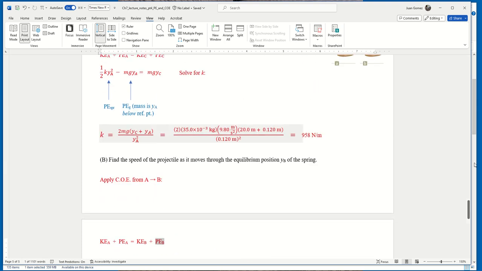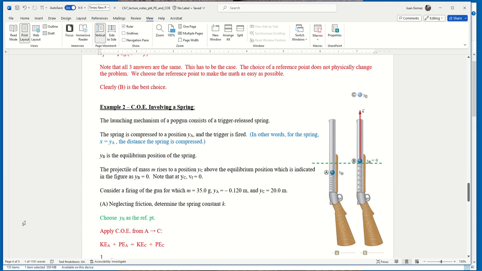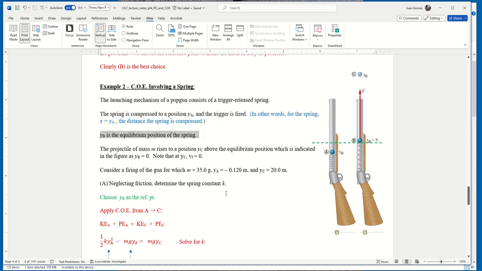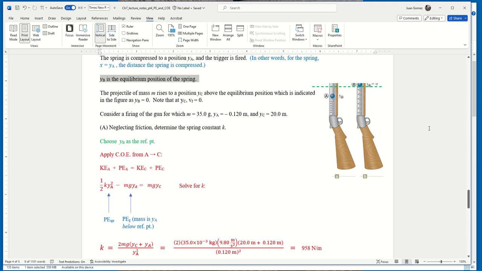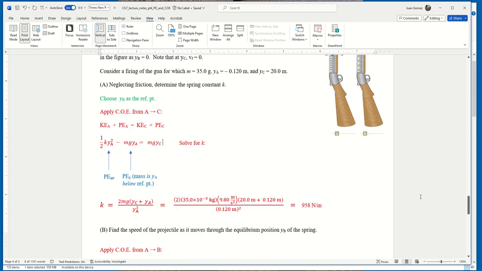There's no gravitational potential energy because I chose that as my reference point. So right at that green dotted line, the gravitational potential energy is 0. Now, the spring potential energy at B is 0 because that's the equilibrium position of the spring, so the only energy at point B is the kinetic energy of the projectile.